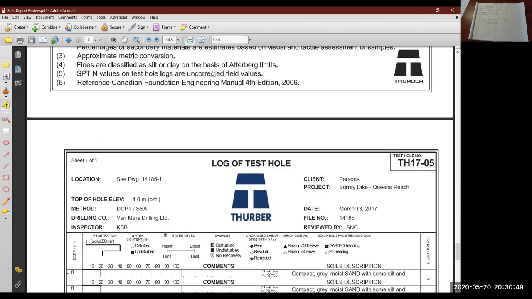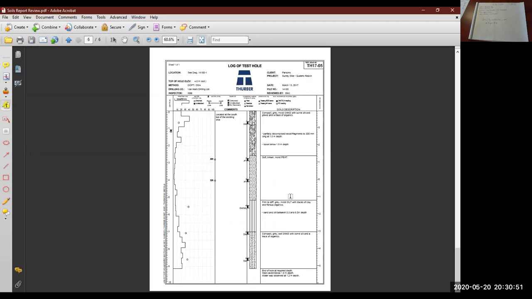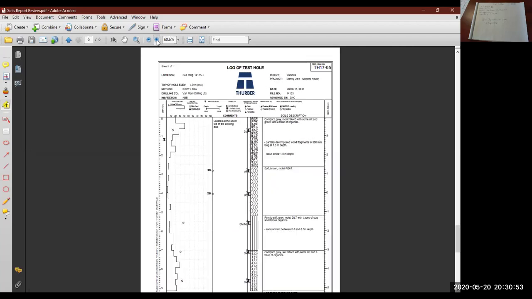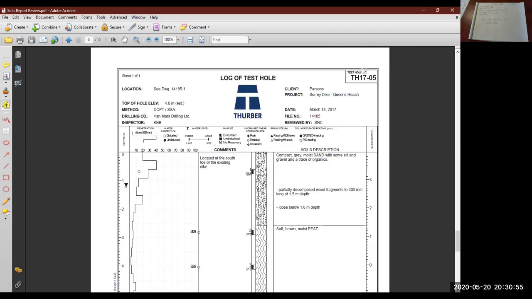Okay, so this would be a typical borehole log. Up at the top, you've got the test hole number. Typically there's a map of the job site, and all these test hole numbers are plotted on that map, so you can see where each test hole was performed. It tells you here to see the drawing.